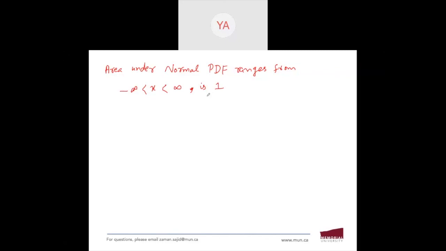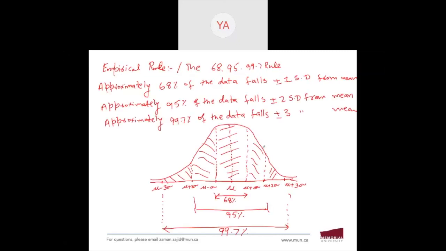By that I mean the area under this curve is equal to 1. Why? Because that is the sum of all probabilities under this curve, and the sum of all probabilities should be equal to 1.